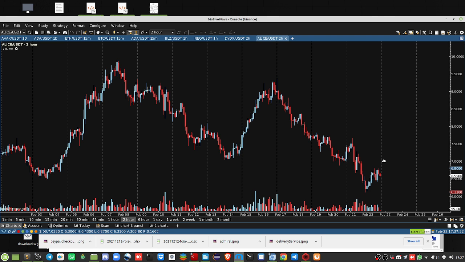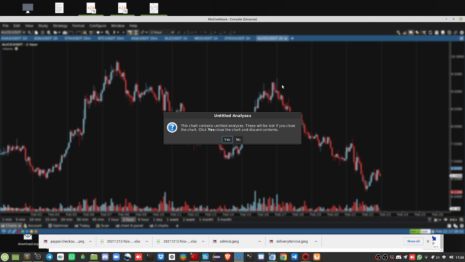Being on whatever exchange, you might have limitations, but if you're in the U.S. especially, I wouldn't recommend going on Coinbase, but Kraken's an excellent exchange for U.S. They're probably the best out there, even better than Binance. I'm only on Binance for the coin selection, and it just multiplies my trading opportunities by a lot. As you can see here, Alice is kind of flat, kind of bouncing around, not a lot to work with there.